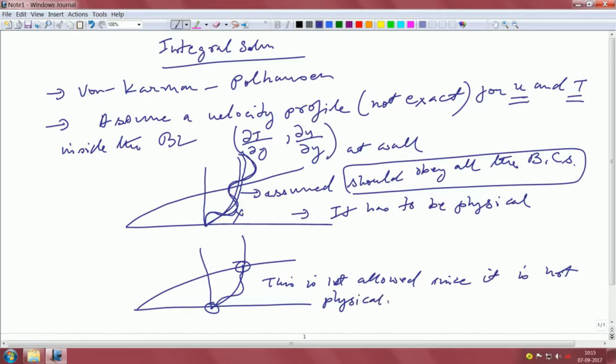The most important part is that it has to make common sense, and there is no mechanism through which the flow will make something like this, even though the boundaries are still satisfied. So, these are the two prime parameters: one is that it has to obey the boundary conditions, the second is that it has to obey the physics.